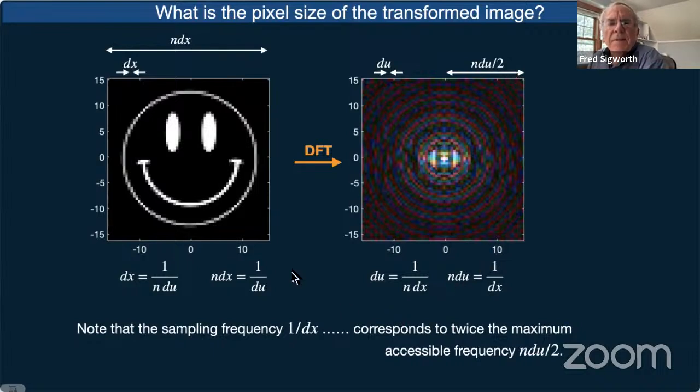So what is that? Well, this frequency here, well, the entire width, N du, corresponds to 1 over dx. So half of this corresponds to 2 pixels there. The conclusion is that if we say that 1 over dx is, we'll call it the sampling frequency, that sampling frequency is twice the maximum accessible frequency, which is N du over 2.